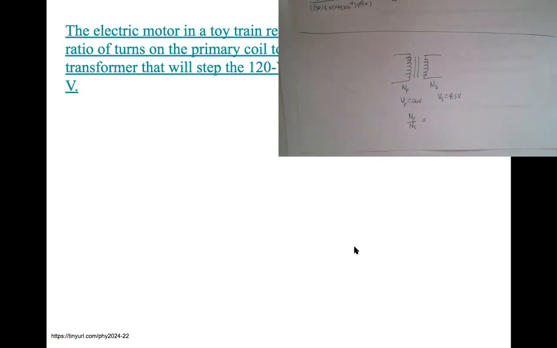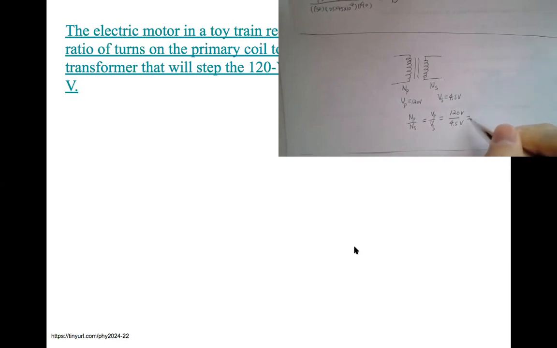That's the ratio, primary over secondary, turns of coils. Because we are looking at the number of turns of coils, we are given the primary voltage at 120 and secondary. So we'll just use the transformer equation of Vp over Vs is equal to Np over Ns. So Np over Ns is equal to Vp over Vs, simply 120 divided by 4.5 volts.